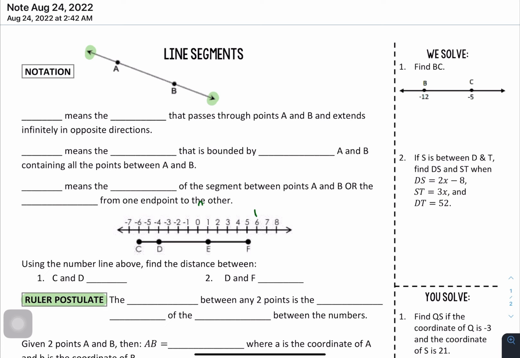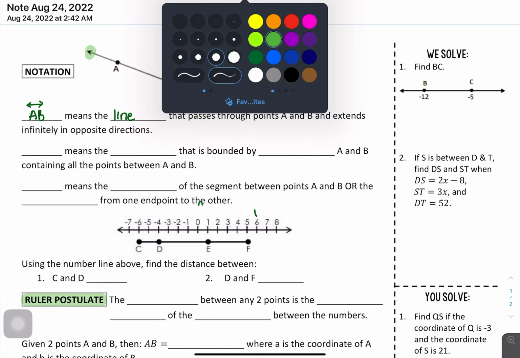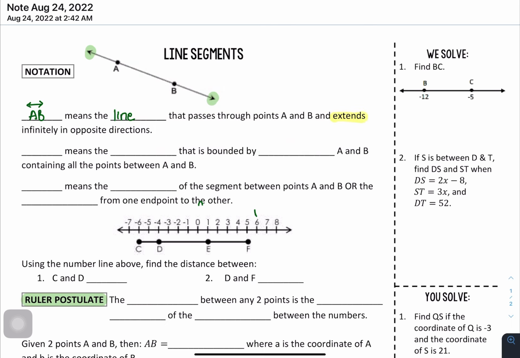So a line is written like this, AB, with the bar on top and two arrows, and it means line. The reason for two arrows is because the line extends infinitely in the opposite direction. It never stops, so that's why we use the arrows to indicate it goes on forever on both ends.